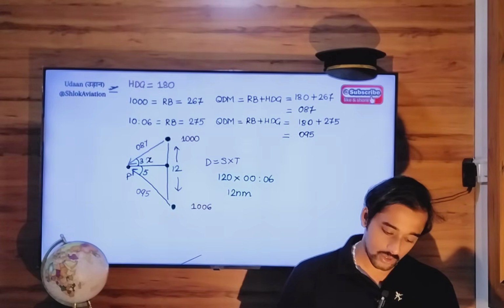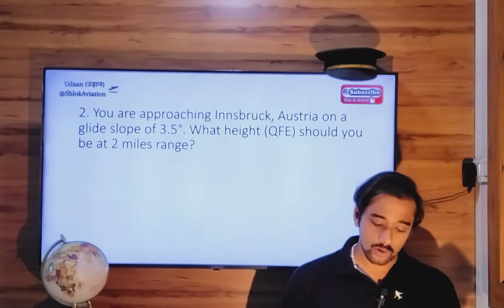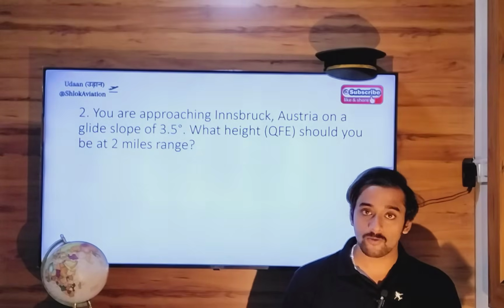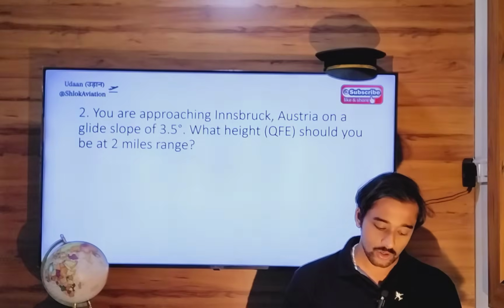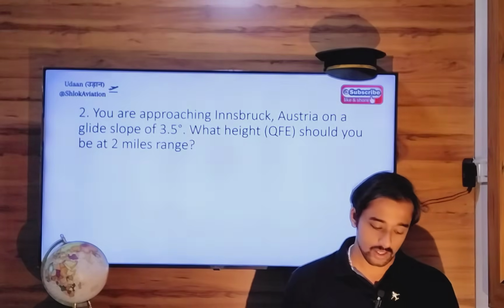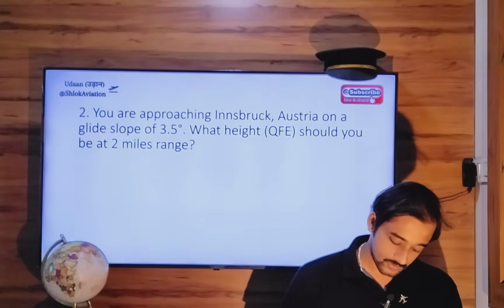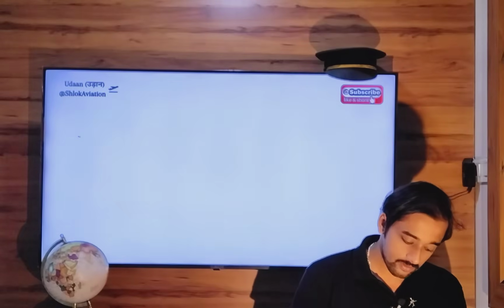Next question number 2. You are approaching Austria on a glide slope of 3.5. What height should you be at 2 miles away from the runway? Right, so let's say this is your runway.